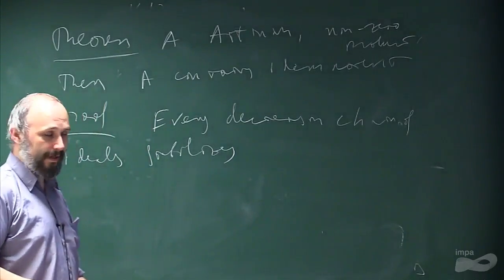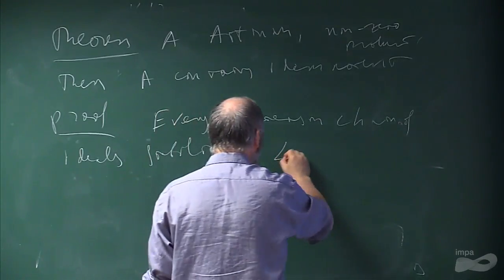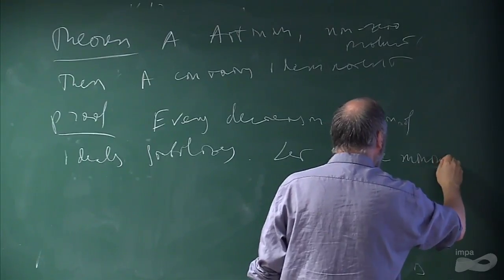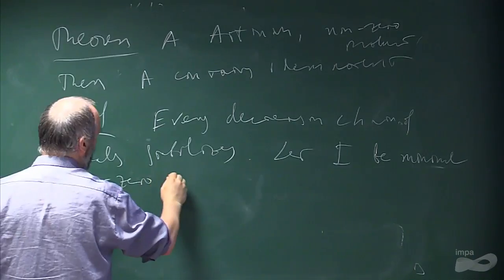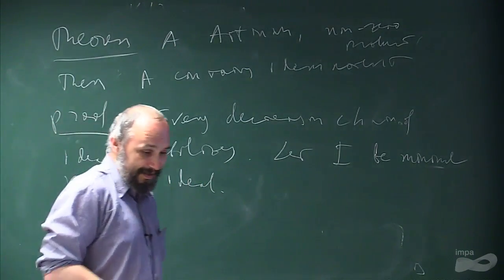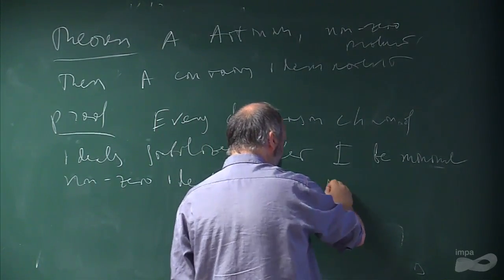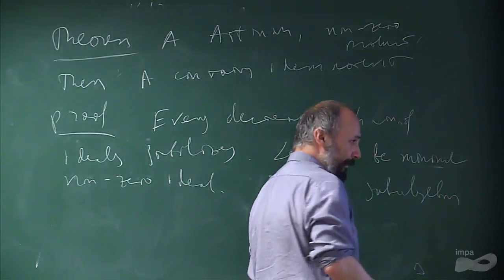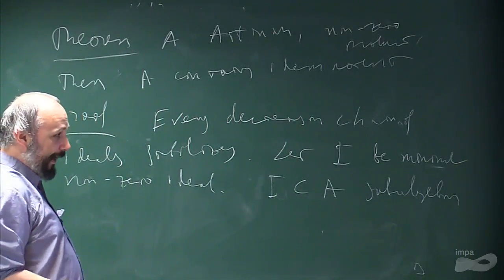Then you have a smallest ideal which doesn't have any non-zero sub-ideals. Let I be a minimal non-zero ideal. It is a subalgebra in the sense that since it's an ideal, you can multiply elements of it. I inside A is a subalgebra. And I'm going to prove that I contains an idempotent.